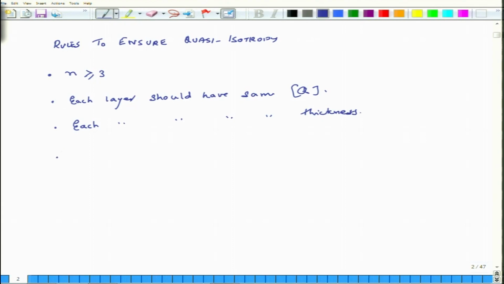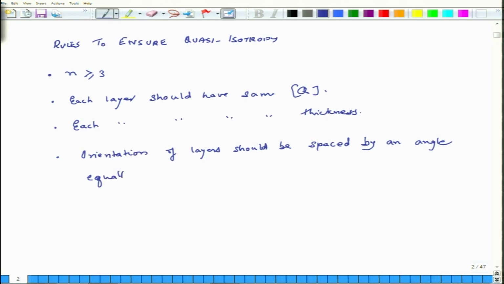And the fourth one is that the orientation of layers should be spaced by an angle equaling pi over n radians.